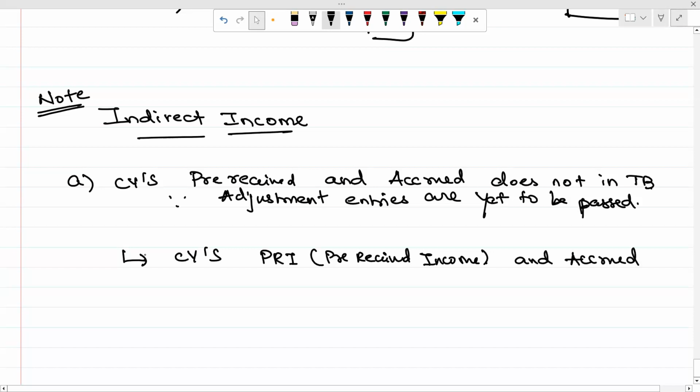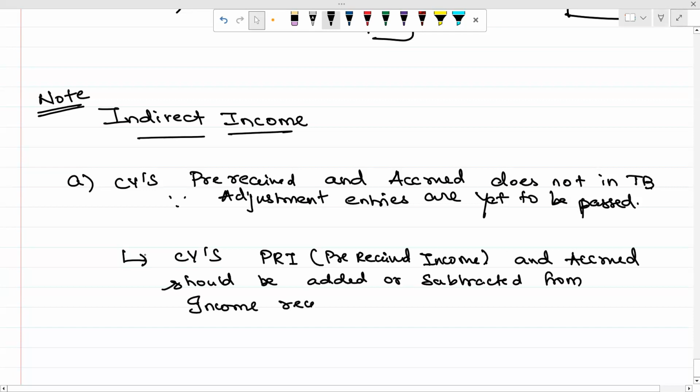And accrued income should be added or subtracted from income received, as shown in the format, that is the respective calculation format.